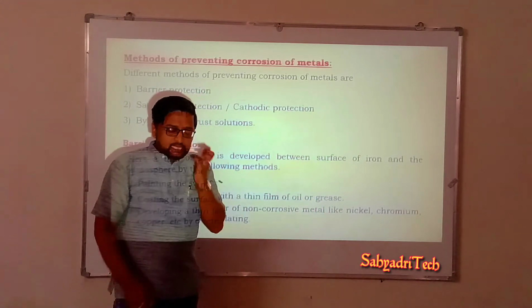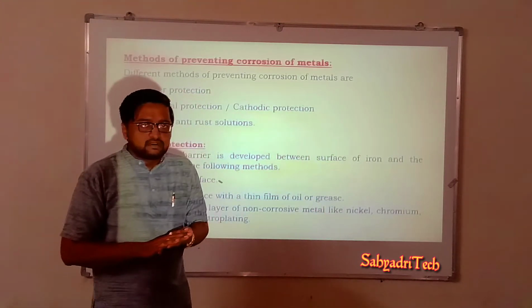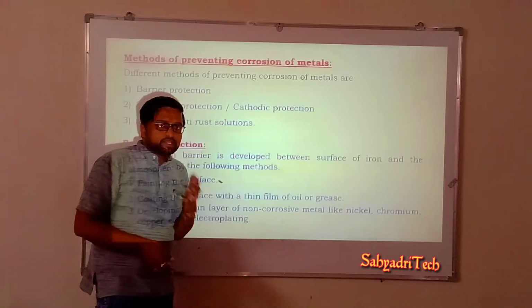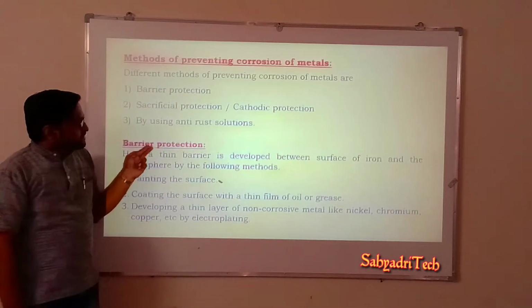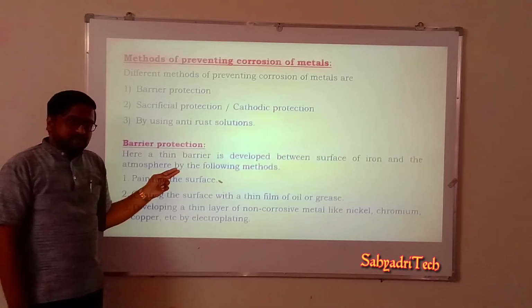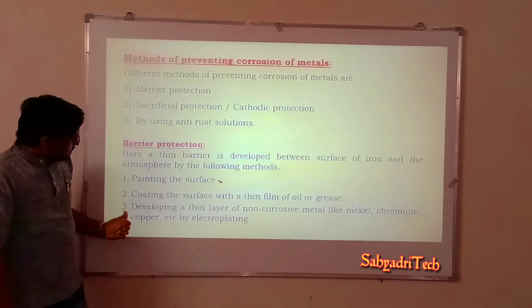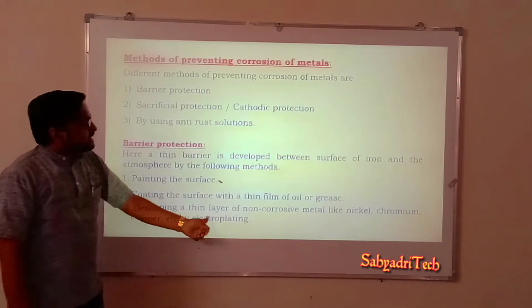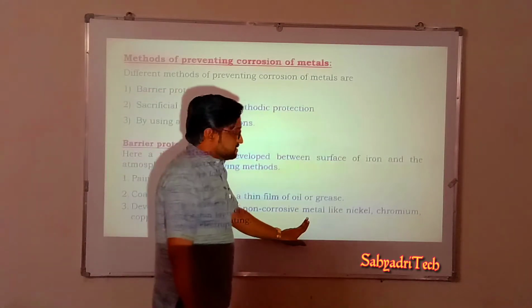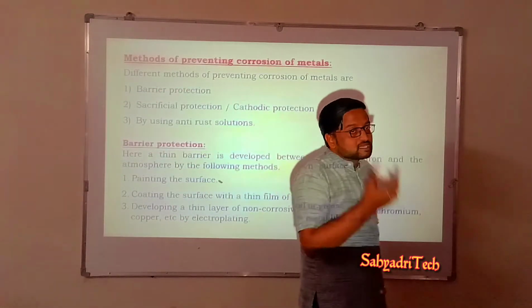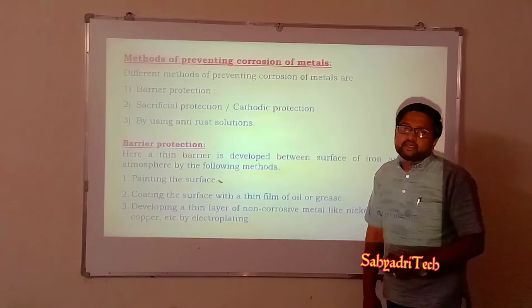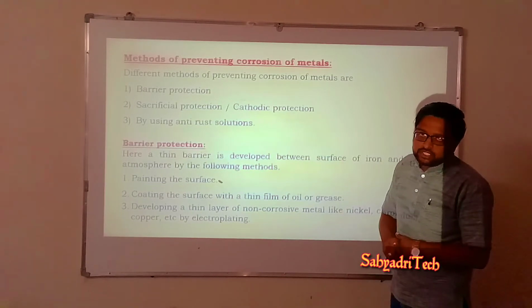Means if you place a thin layer of grease on the surface of a metal, then also we create a barrier between the metal surface and the atmosphere. So this is the second one. Third one, developing a thin layer of non-corrosive metals. Non-corrosive means they are not undergoing corrosion.